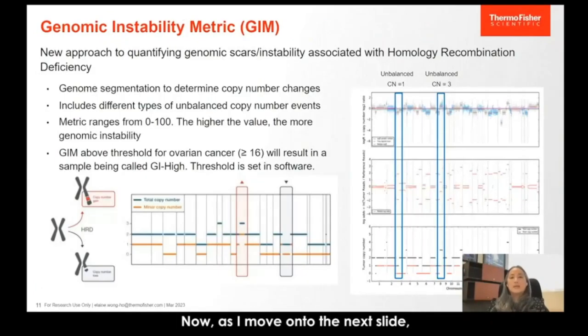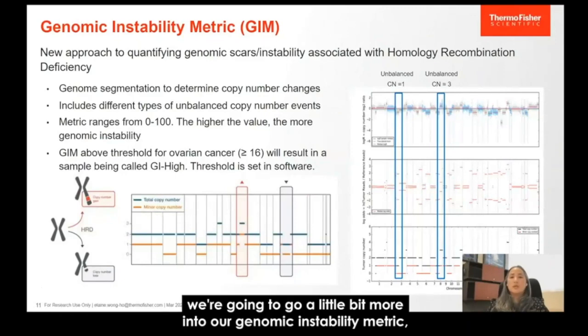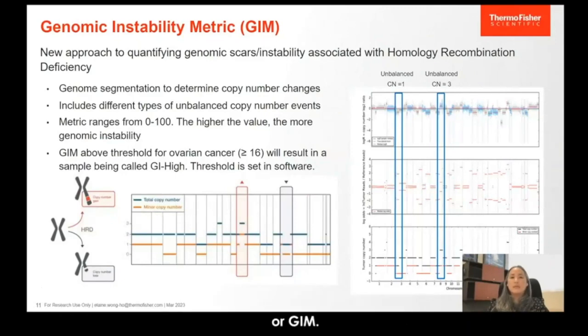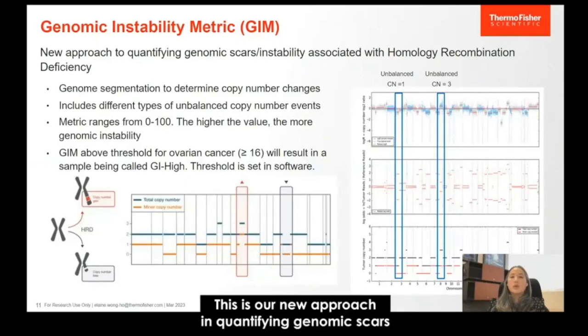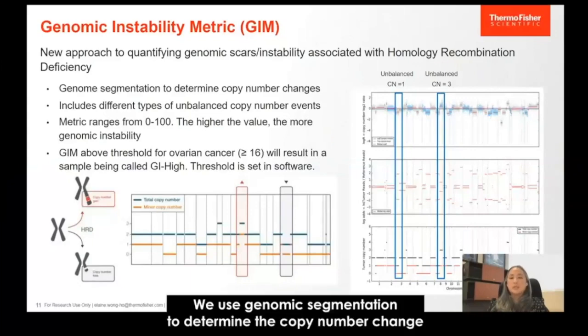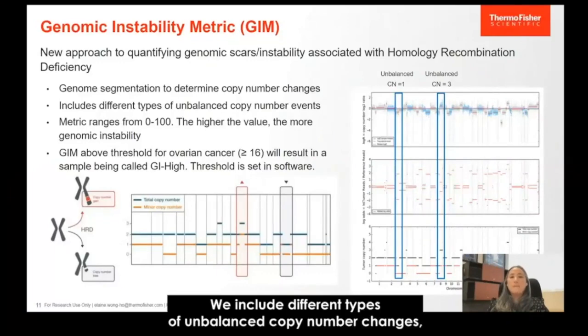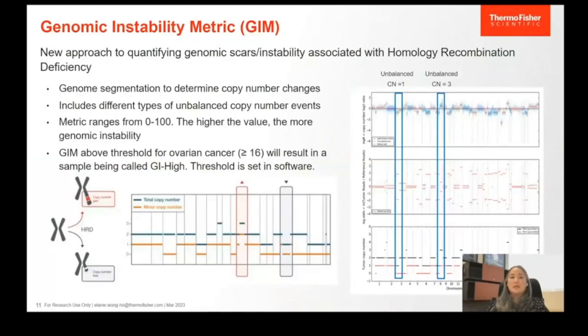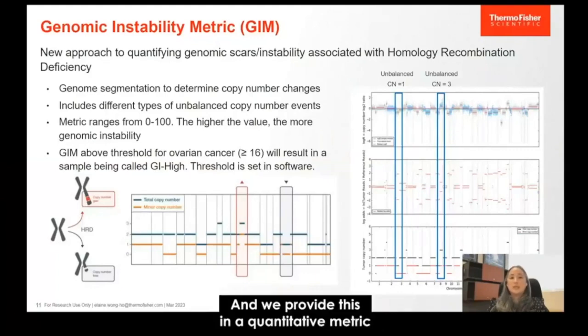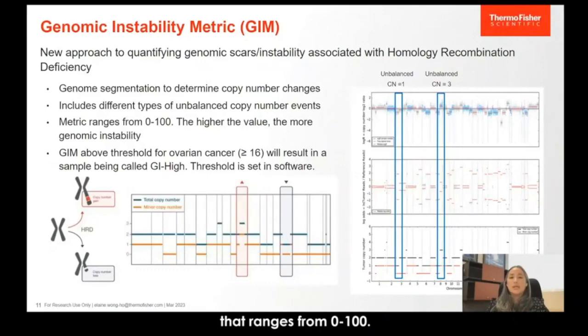Now, as I move on to the next slide, we're going to go a little bit more into our genomic instability metric, or GIM. This is our new approach in quantifying genomic scars associated with homologous recombination deficiency. You use genomic segmentation to determine the copy number change across the entire genome. We include different types of unbalanced copy number changes, whether it's gains or losses, and we provide this in a quantitative metric that ranges from 0 to 100.